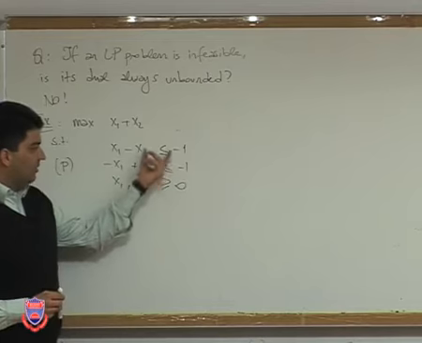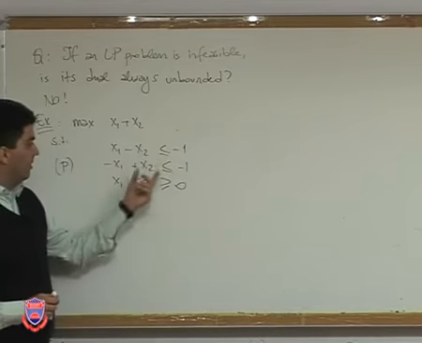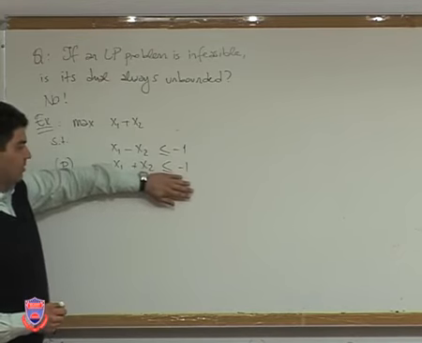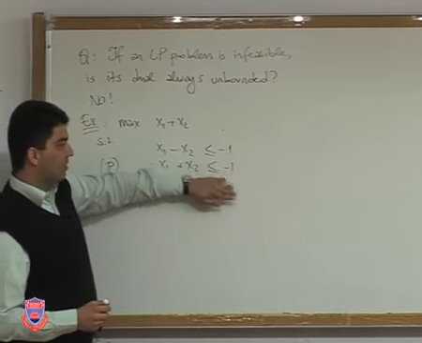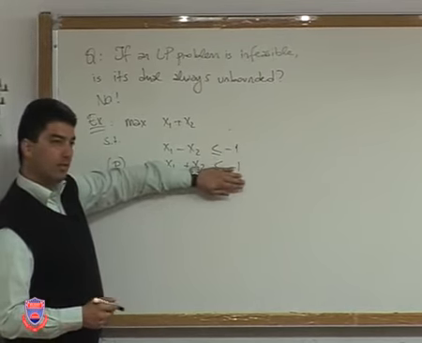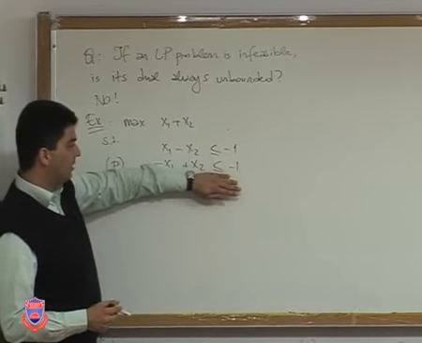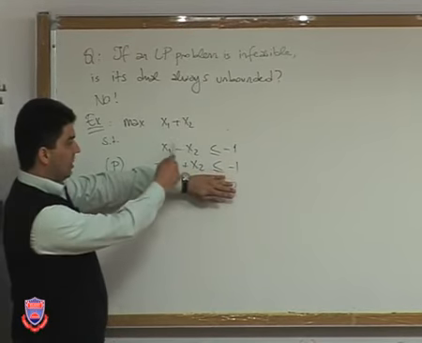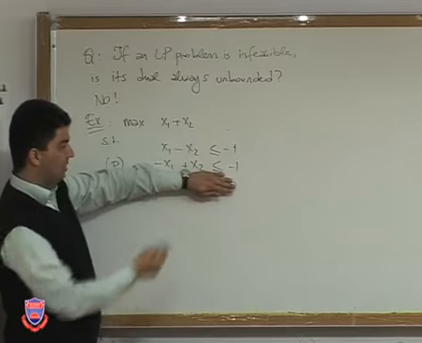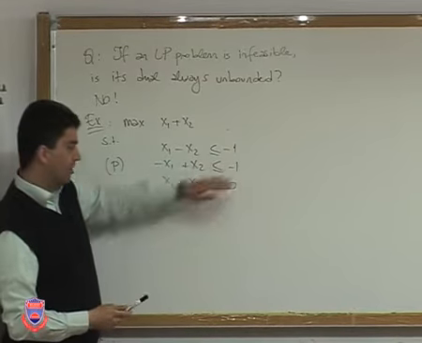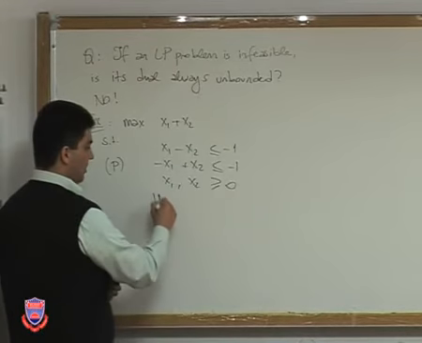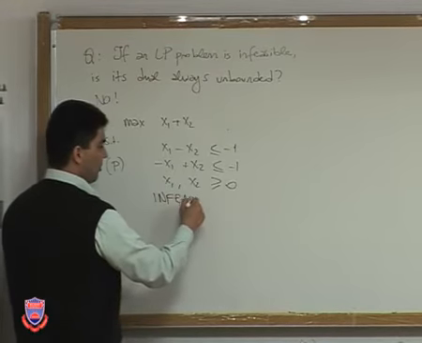So for example, if you look at the first two constraints, okay? Now just ignore the non-negativity constraints for now. Anything that satisfies these two should also satisfy the sum of these two inequalities as well, right? If you sum these two inequalities, the left-hand side becomes 0 because x1's cancel, x2's cancel. So you get 0 less than or equal to minus 2, but that can never happen, right? So as a result, this problem cannot have a feasible solution.